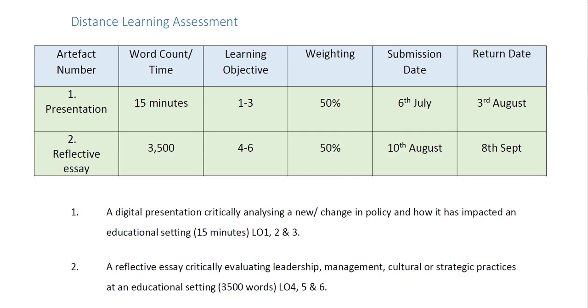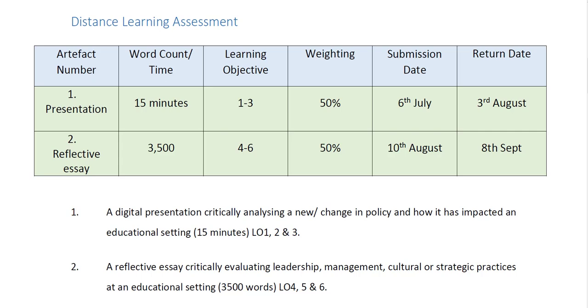In terms of how you approach this presentation, there are three ways in which you can choose a policy to examine. You could look at a national level policy and how that has impacted your institution and the stakeholders within it, i.e. staff, students and parents.